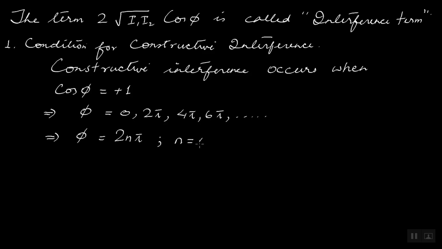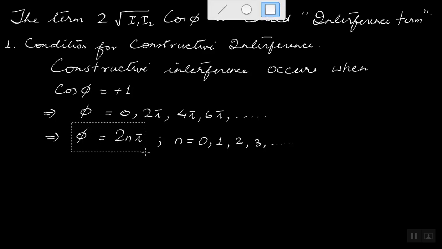Starting from 0. If you put n to be 0, you will get 0. If you put n to be 1, you'll get 2 pi. If you put n to be 2, you get 4 pi. So on and so forth. Okay, so this is the condition for maximum, or sorry, for constructive interference.